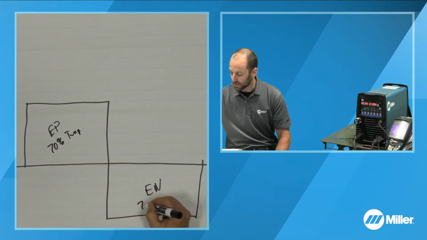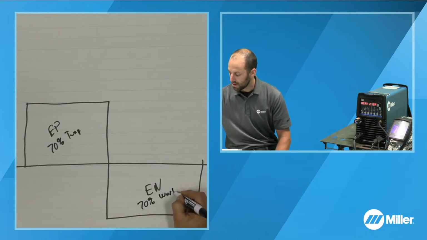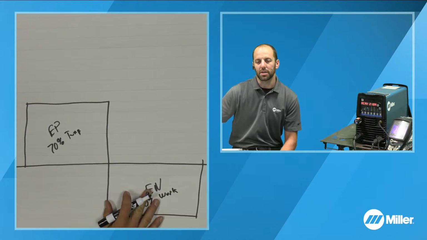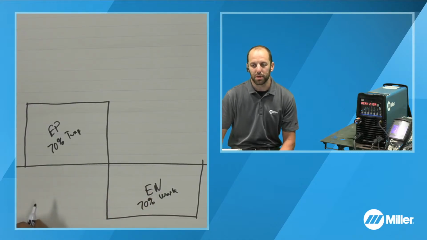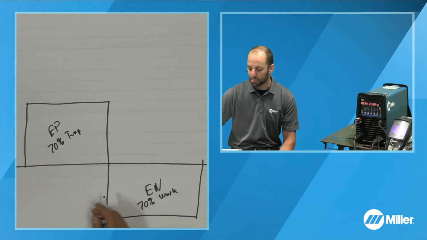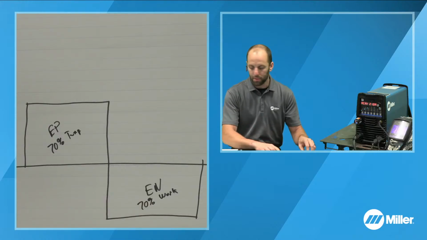And then this is roughly 70% of the heat on the workpiece. One of the topics that I covered last week is that amperage drives penetration. And so if we are trying to achieve more penetration, we can turn our amperage level up.